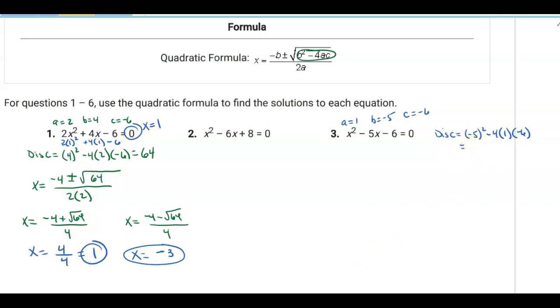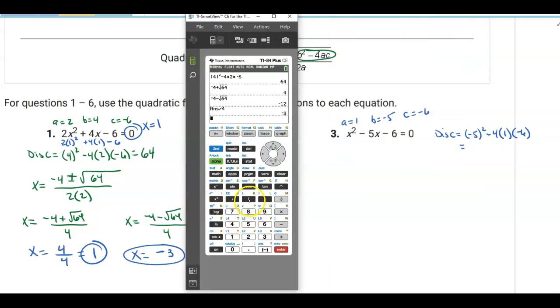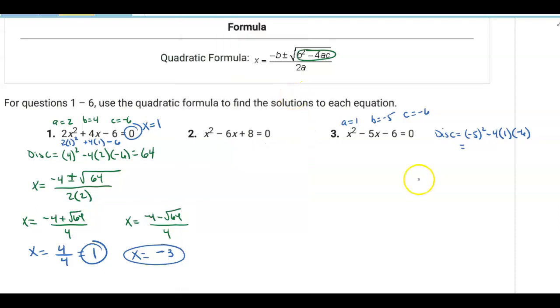And if I plug that in the calculator exactly the way I see it, I'm going to go in parentheses -5 squared. That is always going to be positive. Minus 4 times 1 times -6. And you get a discriminant with the value of 49. So I know I'm going to have two answers, and now I can go do the quadratic formula.